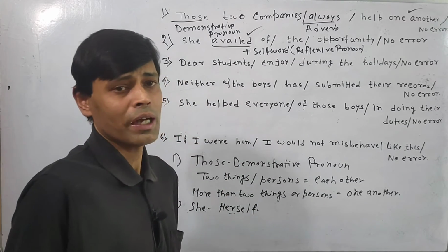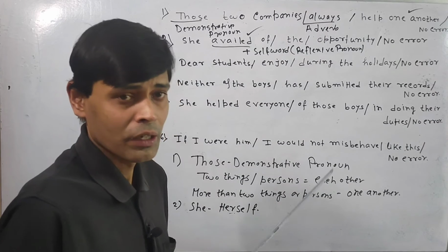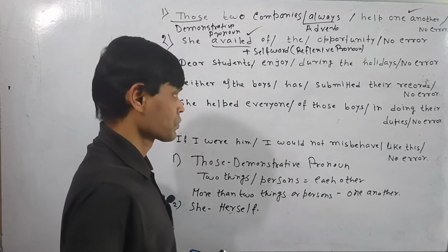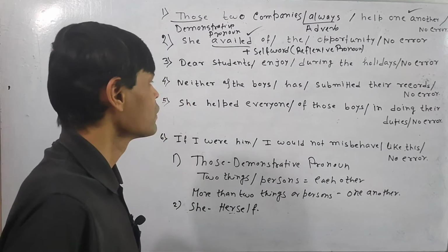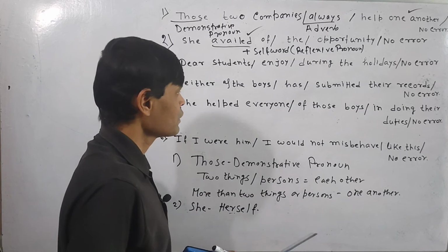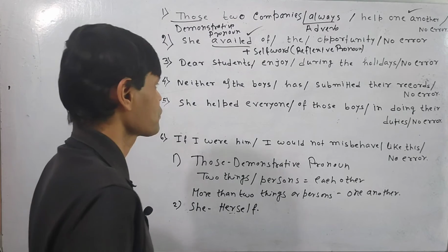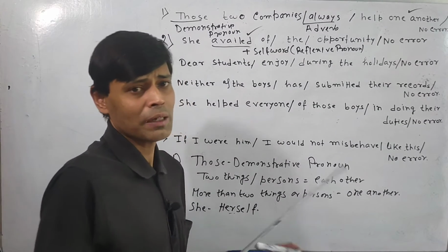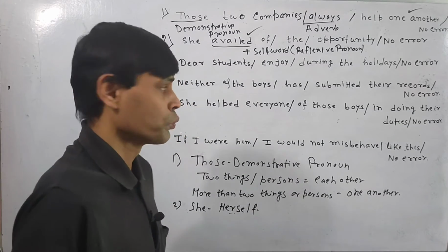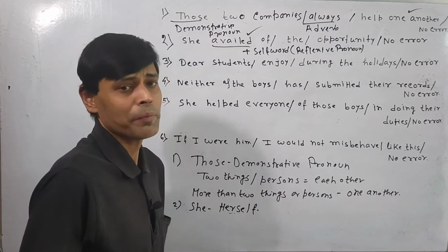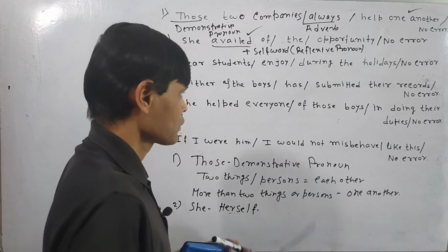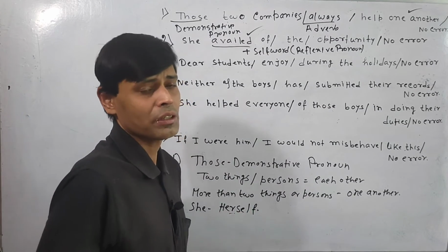That means you have to write some self word in relation to the subject. So here, dear students, enjoy yourself. The self word must be in relation to the subject.